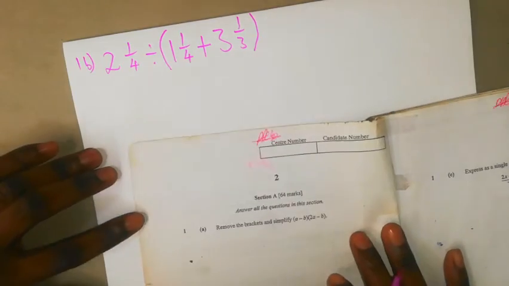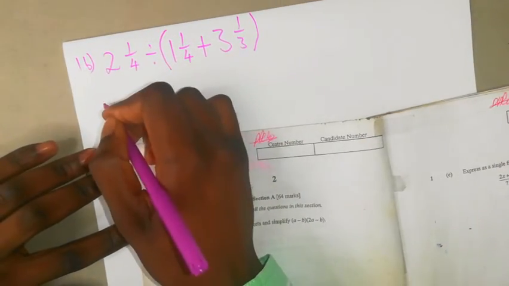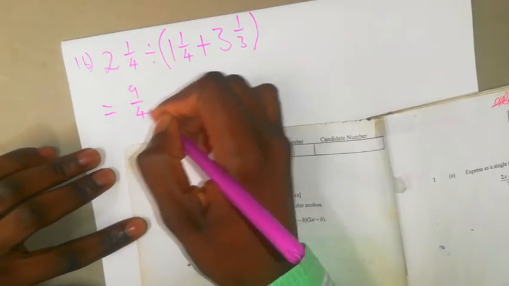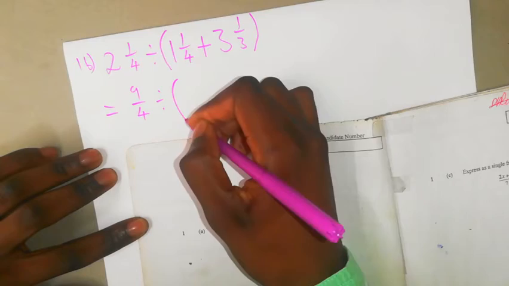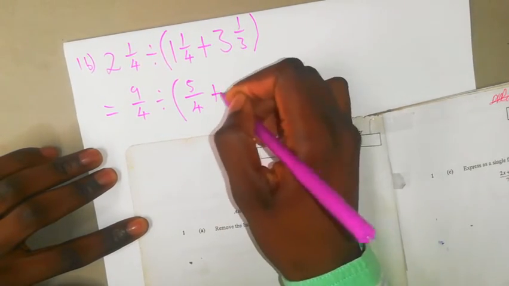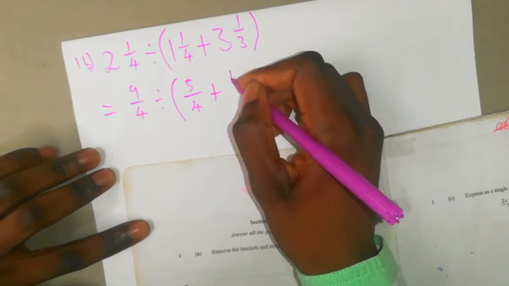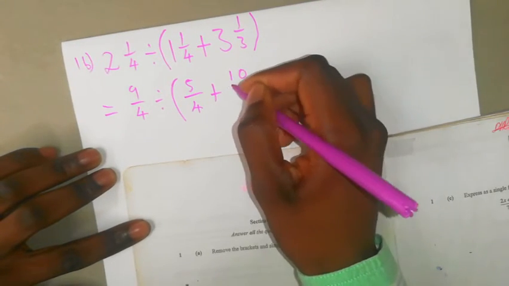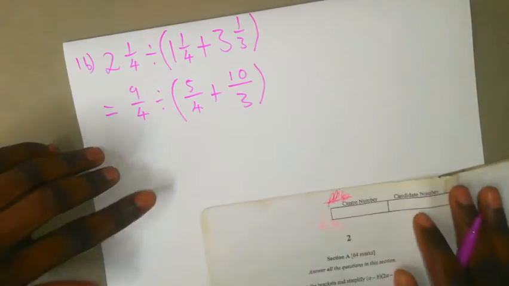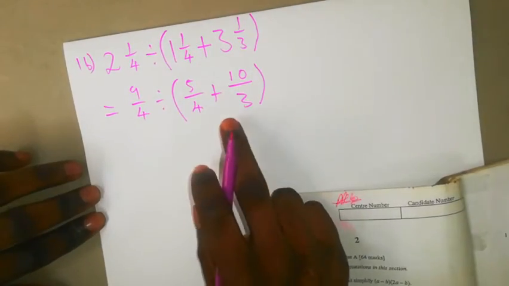I'll first convert everything into an improper fraction. So that's 9 over 4 divided by bracket 5 over 4 plus 10 over 3. I have to first deal with what's inside the bracket first.